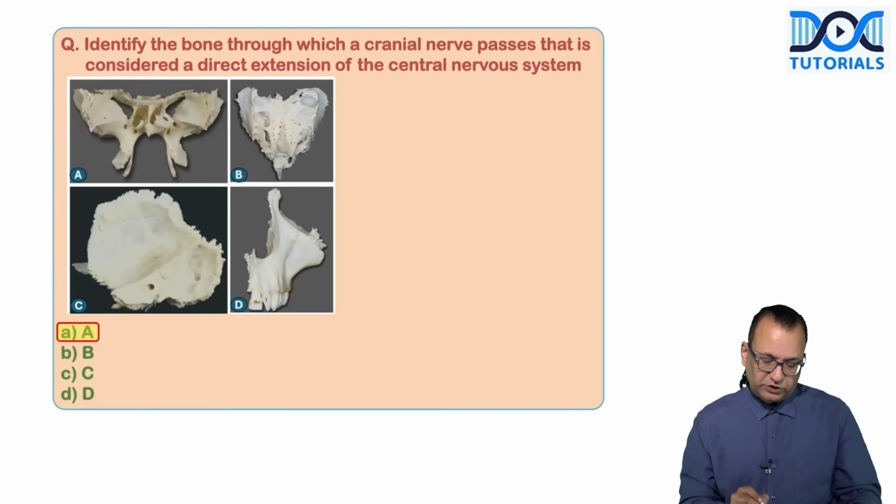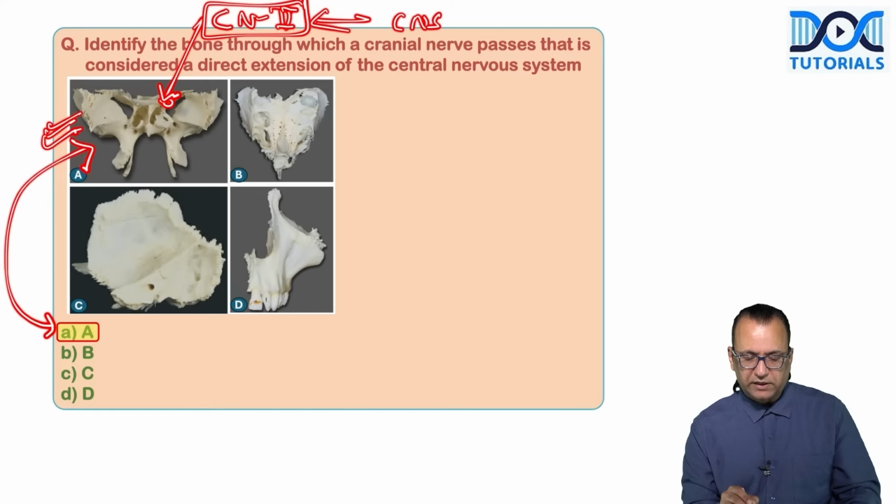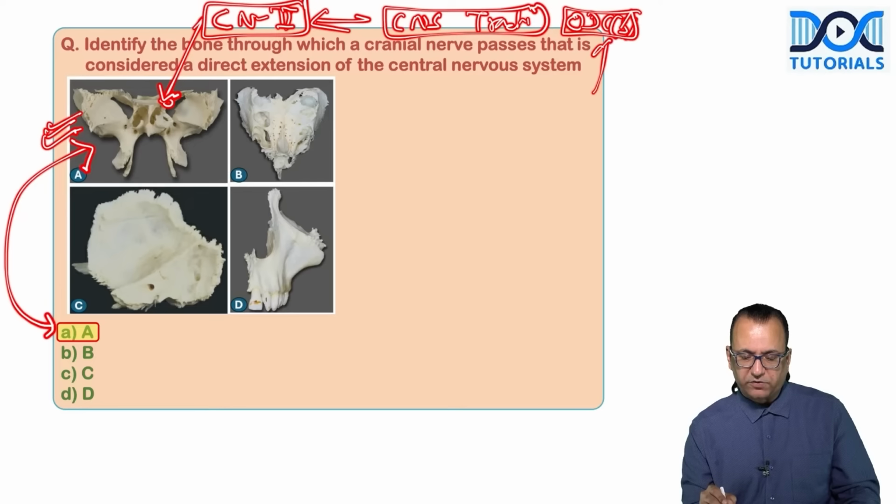That is why in this question we'll take our answer as choice A, the sphenoid bone, which has the optic canal where the lesser wing attaches to the body. In the optic canal is cranial nerve 2, and only cranial nerve 2 is a CNS tract, which I told you is myelinated by oligodendrocytes, hence proving that it is a CNS tract.